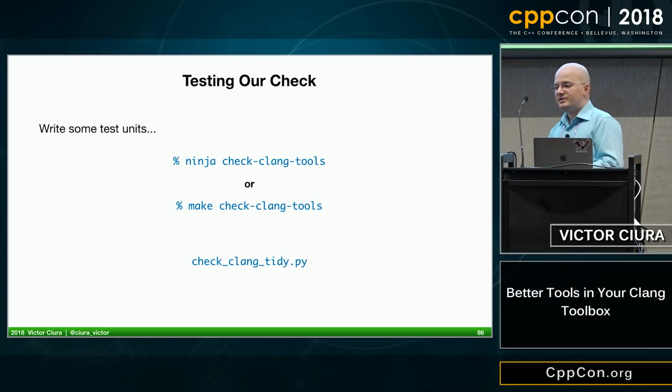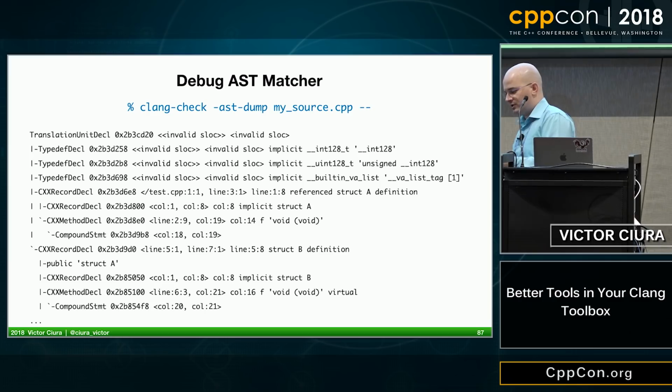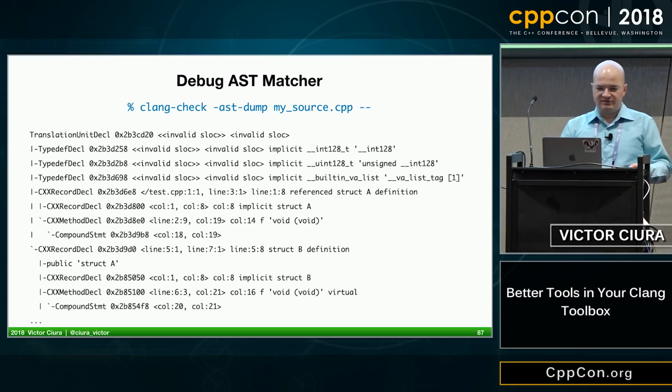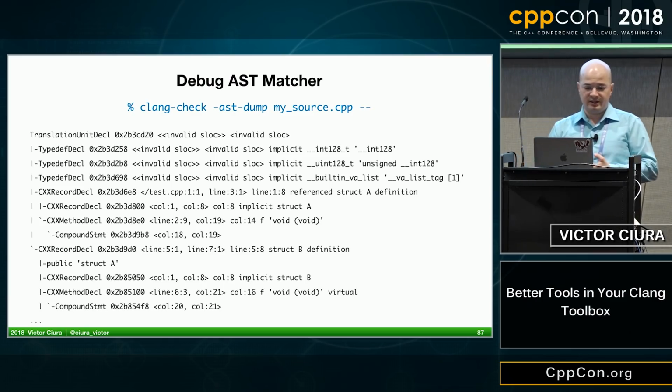And of course, you can build your check and your test unit for that check. And if you're having trouble, the difficult part is actually figuring out what to write either in the matcher or in the check itself. My example was trivial because that's about what I can do in such an amount of time.